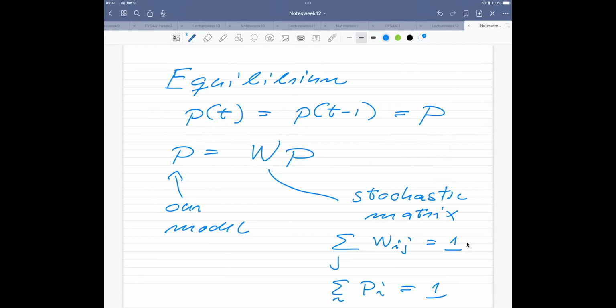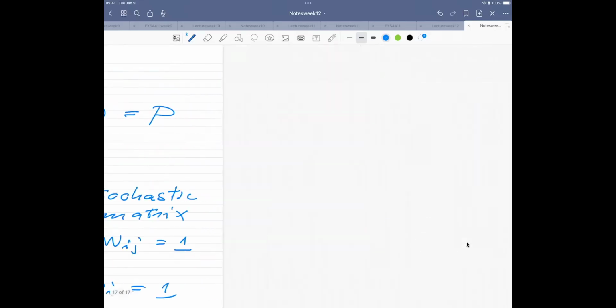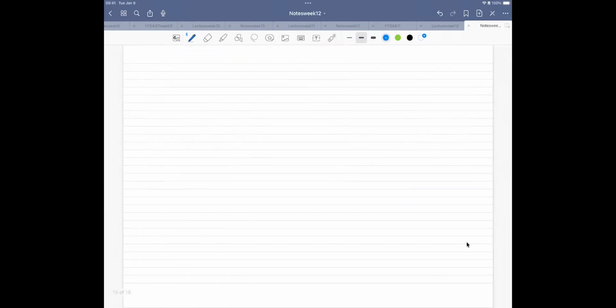Now, there is something which is called detailed balance. And let me say something here. This W is unknown. W represents a transition from a state J to a state I. A very simple case where you can calculate this transition probability analytically is if you take a model for the hydrogen atom and you look at an electromagnetic transition from an excited state to the ground state.